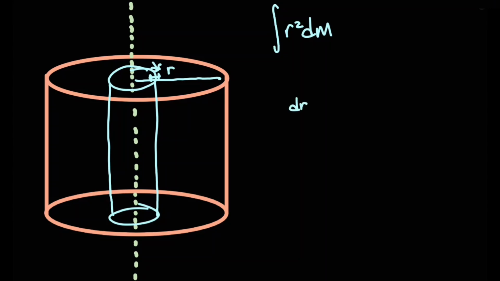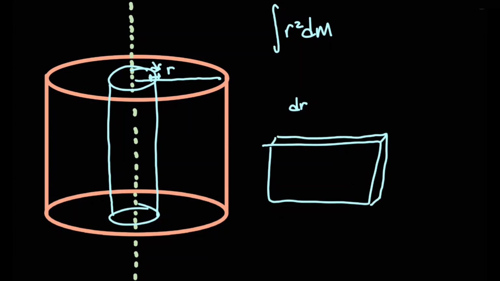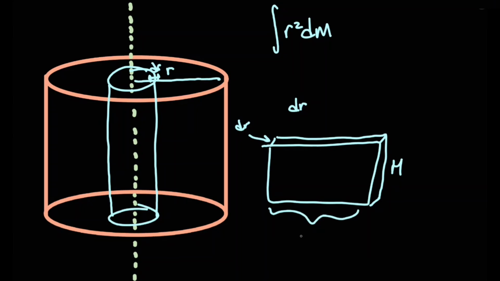and if we unravel it, it looks like a rectangular prism where it has this depth dr. Its height is obviously h. We'll just call the whole cylinder's height big H. And then this length is the circumference, so that's 2 pi, and then the radius that we're looking at.